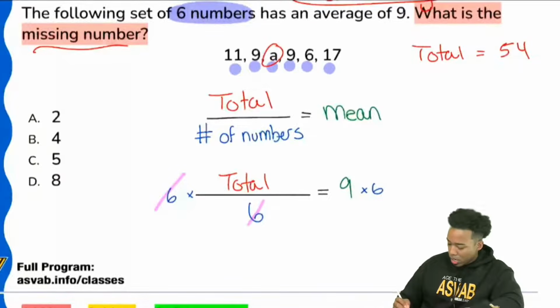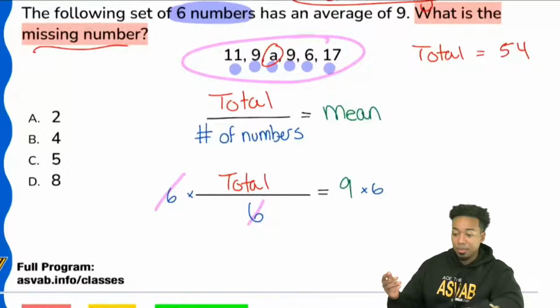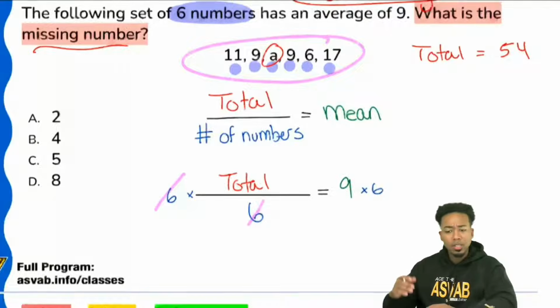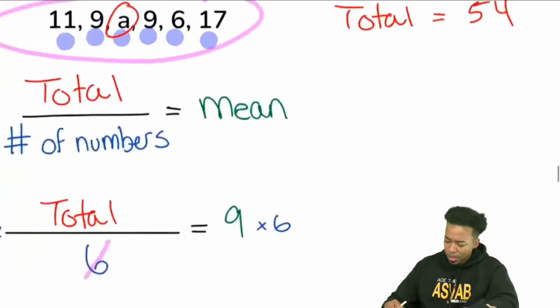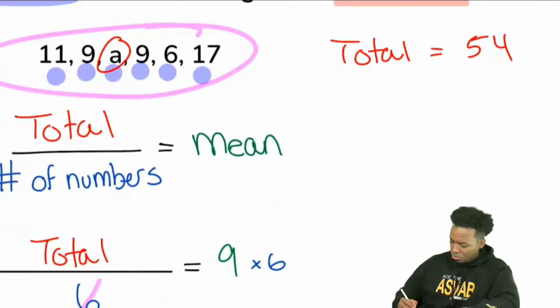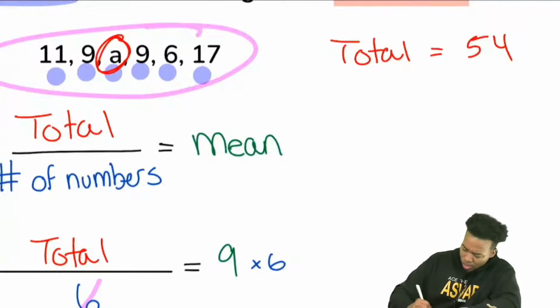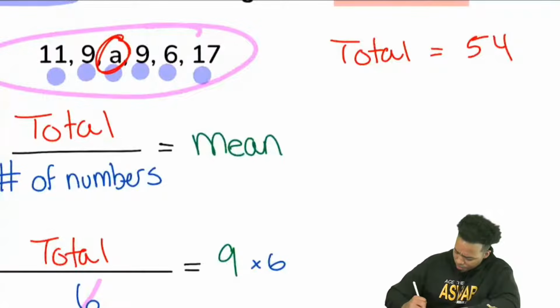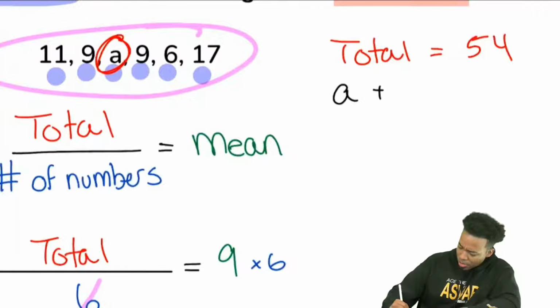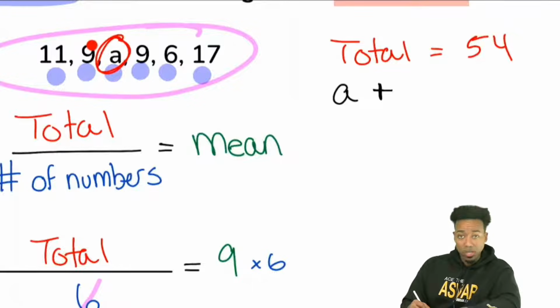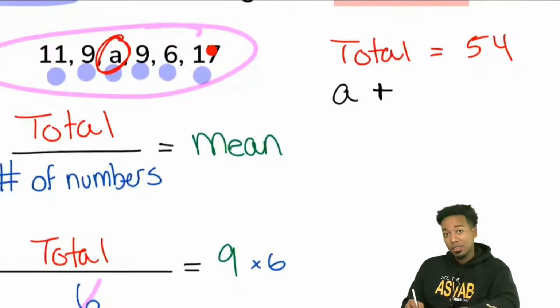So when we take a look at the numbers as we have them, we need this group of numbers to add up to 54. Let me write the A right over here, and then the rest of the numbers. 11 plus 9, that's 20. 20 plus 9 is 29. 29 plus 6 is 35. 35 plus 17, if you're afraid of that, just do 35 plus 10, 45, then add the 7. 52.